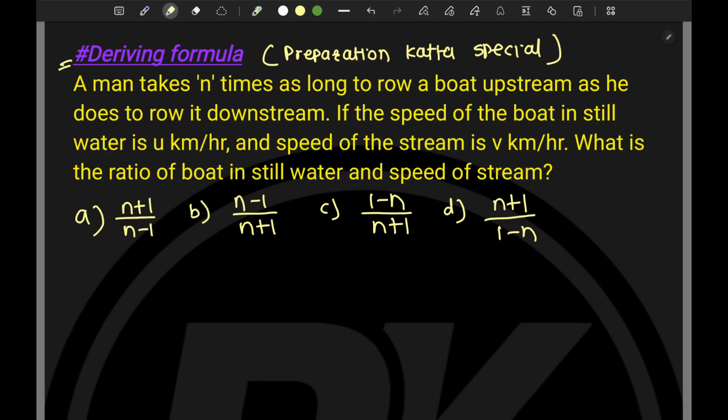So let us try to understand what is given. A man takes n times as long to row a boat upstream as he does to row it downstream. A man is swimming in the direction of the stream, where the speed of the boat is u kilometer per hour and the stream speed is v, which is given in the next statement.